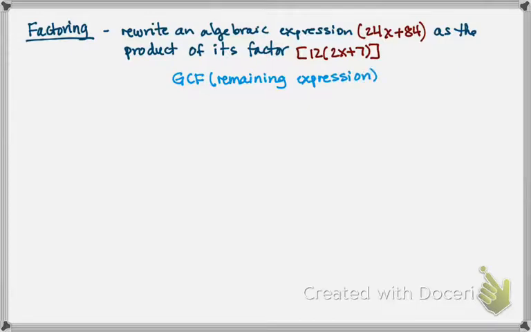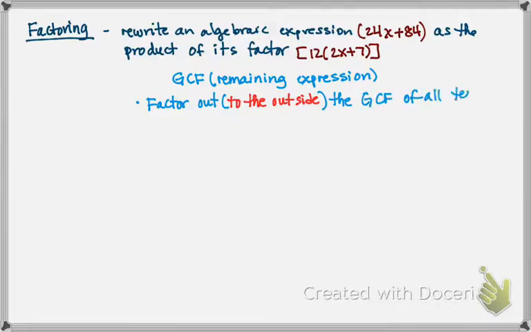So the process to get this, we're going to factor out. That's the term we use, and that means to the outside. Outside of what? The parentheses. Okay. Factor out to the outside the GCF of all terms, the greatest common factor of all terms.